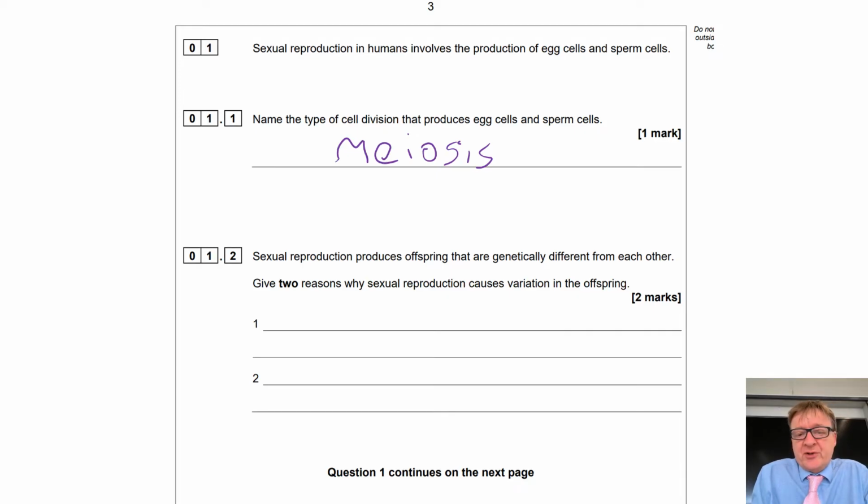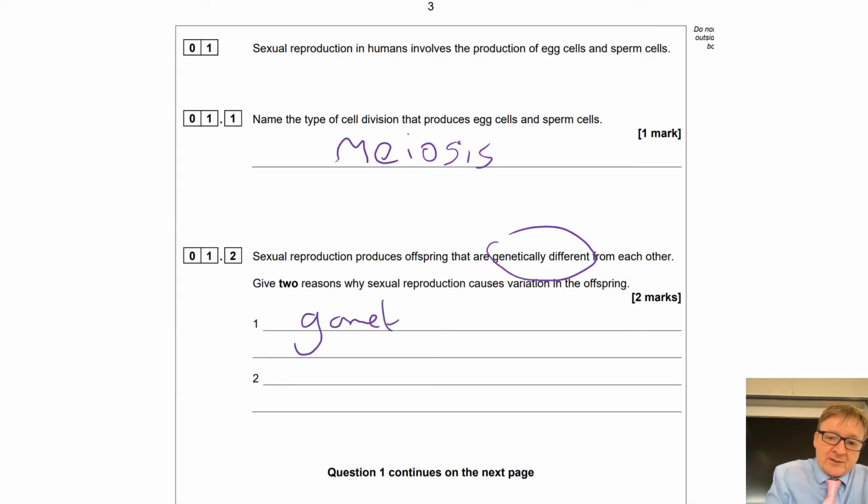Sexual reproduction produces offspring that are genetically different from each other. Okay, so genetically different. Give 2 reasons why sexual reproduction causes variation in the offspring. Okay, so the gametes, that's your eggs and the sperm, are not identical.